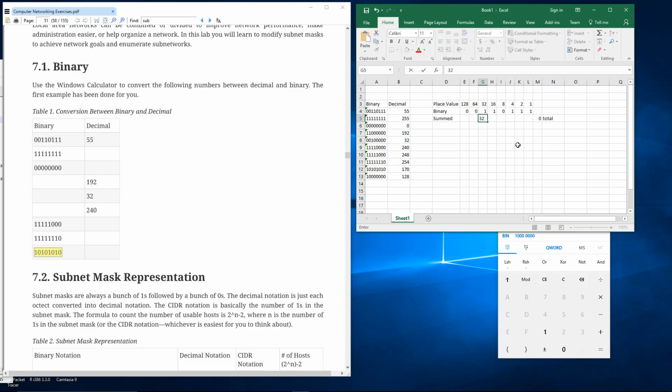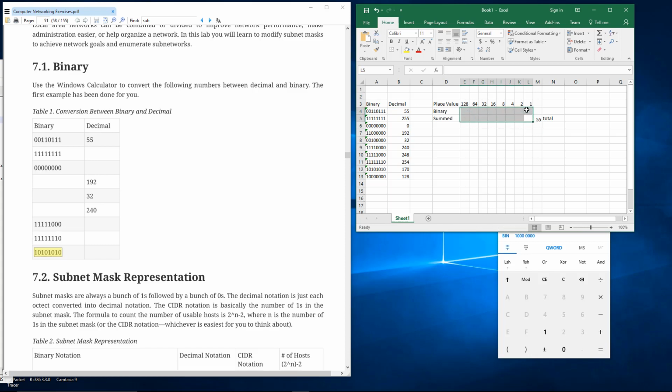I'm going to copy that 32 and the 16 and the 4 and the 2 and the 1. I have a simple formula here in cell M5 that just sums everything in this row labeled sum. And we see that indeed the sum is 55, just like we got with the Windows calculator. So my spreadsheet seems to be working correctly.